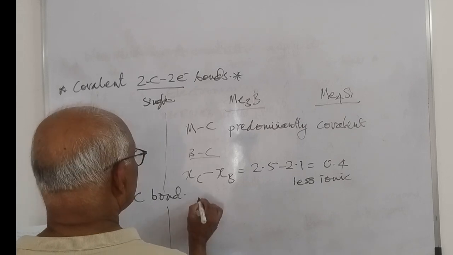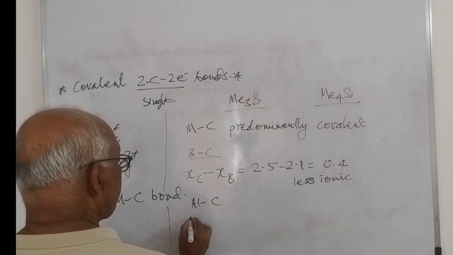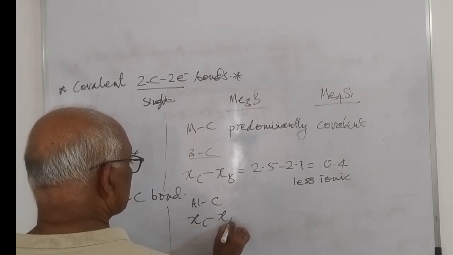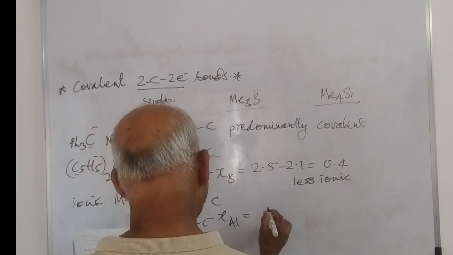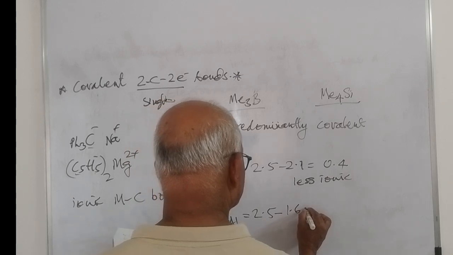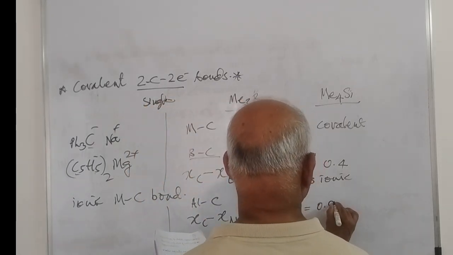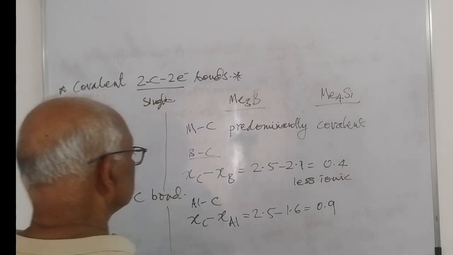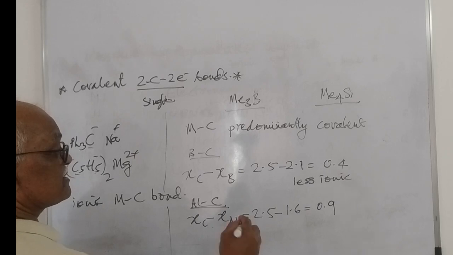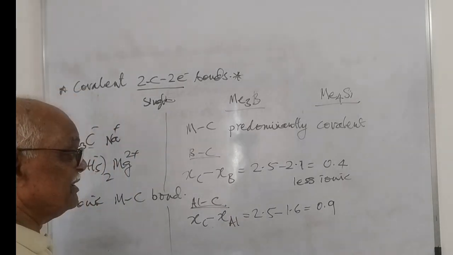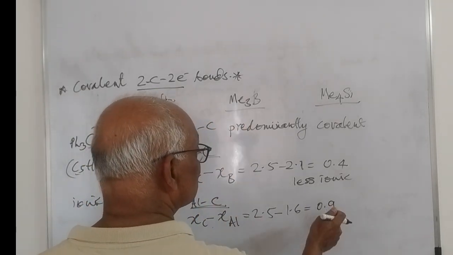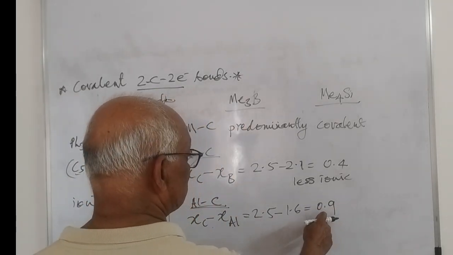Second example, the aluminium carbon bond. If we calculate the electronegativity of carbon minus the electronegativity of aluminium, it is 2.5 as we have seen earlier minus 1.6 for aluminium, so it gives 0.9. So compared to boron carbon, this aluminium carbon bond is more ionic in nature.